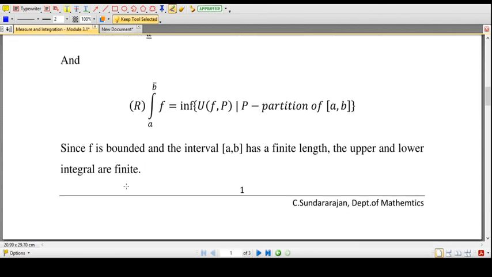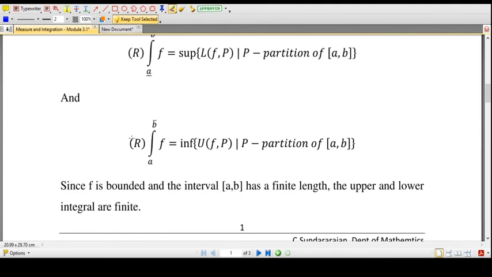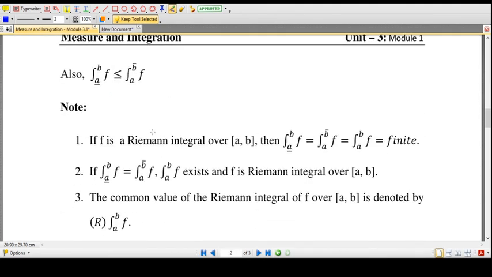Because f is a bounded function defined on the interval [a, b], which has a finite length, the upper and lower integrals are finite.